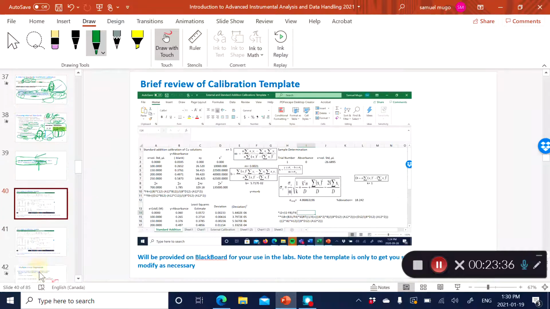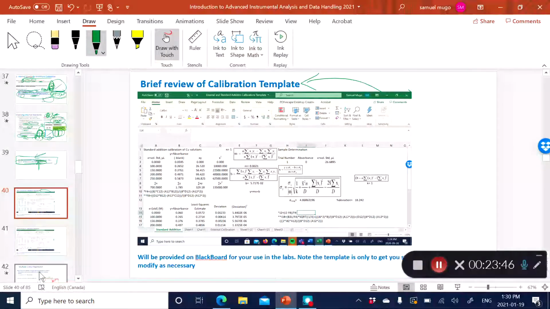To make life easier for you, especially for some of you who are not familiar with Excel as a software, I've posted for you a calibration template. And the calibration template is supposed to help you do your dry lab assignment, as well as all your other labs. Okay?